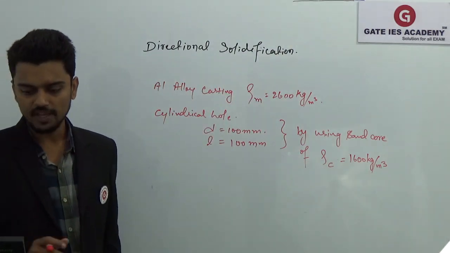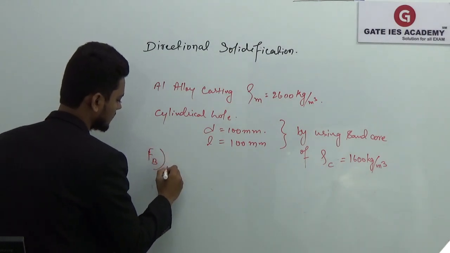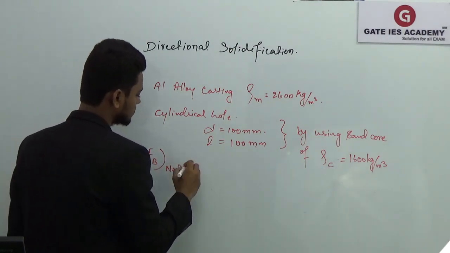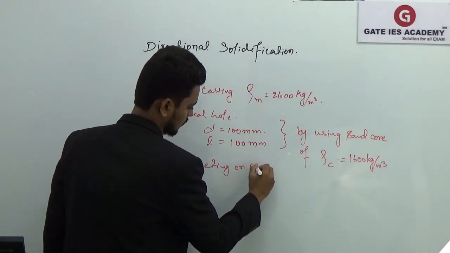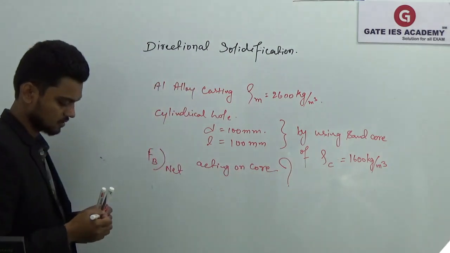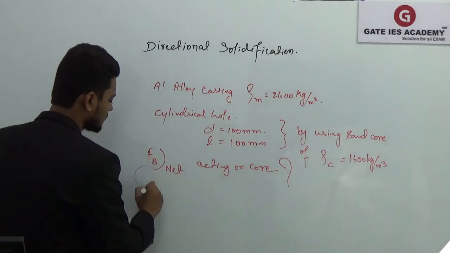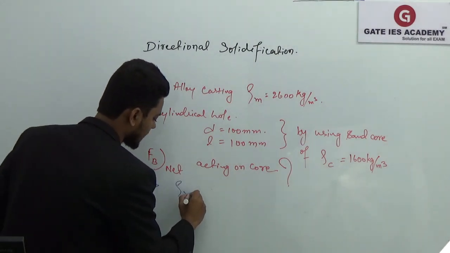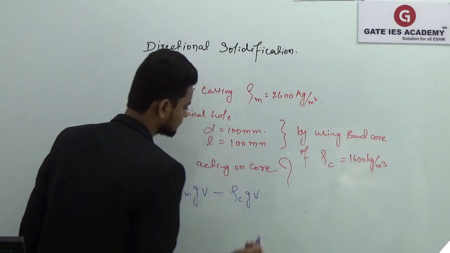So we have to find the net buoyancy force, F_B net, which is acting on the core. How will you find it? We know the net buoyancy force is rho m g V minus rho c g V.